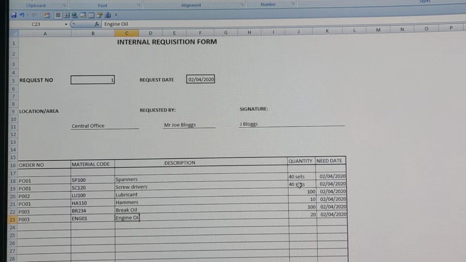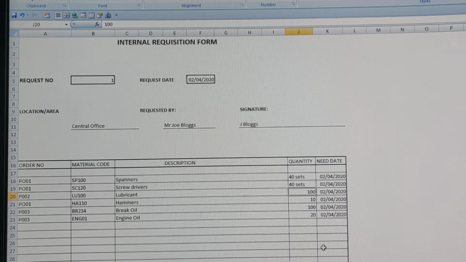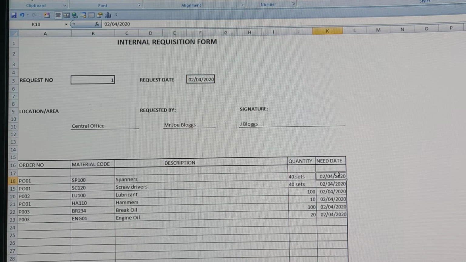Look at the quantity: 40 sets of spanners, 40 sets of screwdrivers, 100 bottles of lubricant, 10 hammers, and so on and so forth. They are needed by the 2nd of April. But that does not mean that the supplier will supply them on that same day. That is the date that they are expected to be delivered.